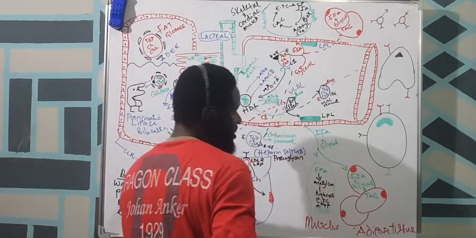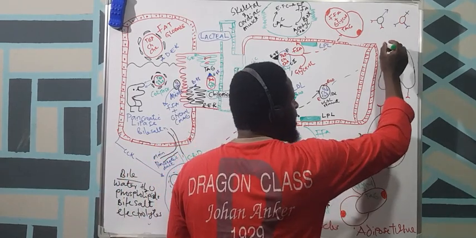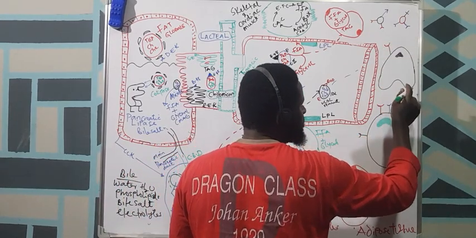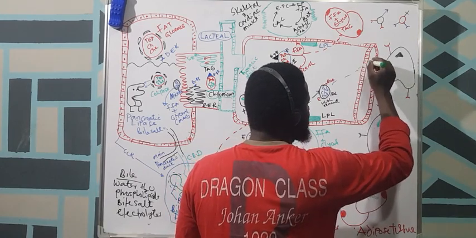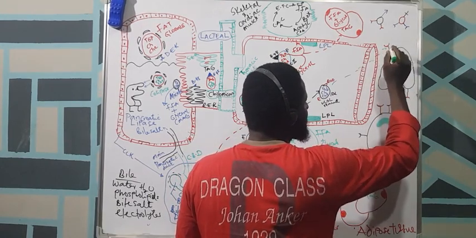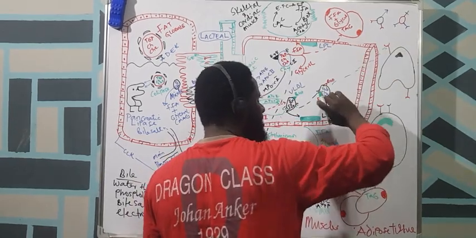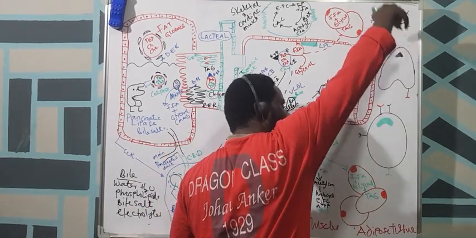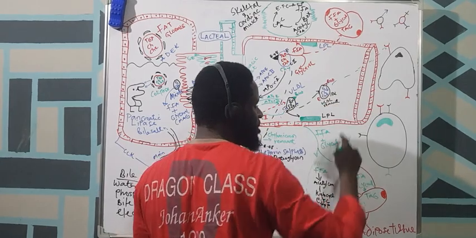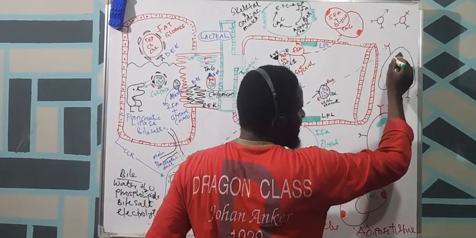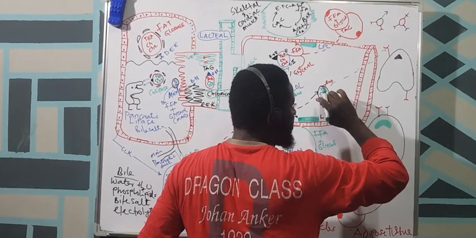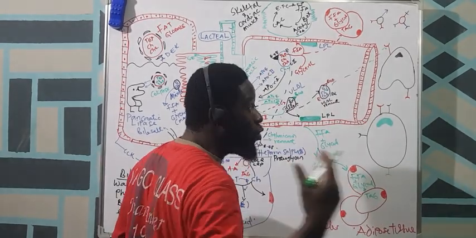So it binds to this LDL receptor. When it binds to this, it shifts some cholesterol into the adrenal cortex. When it does so, this cholesterol is converted to steroid hormones.